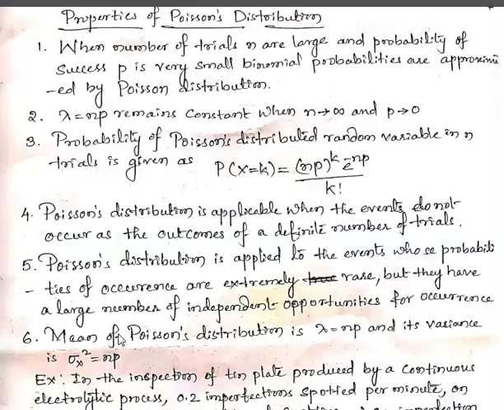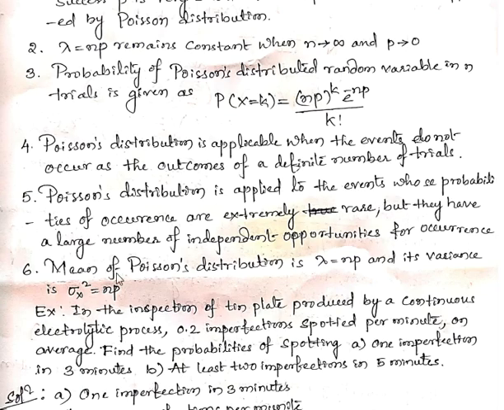Poisson's distribution is applicable when events do not occur as outcomes of a definite number of trials. Here, a definite number of trials will not be there.